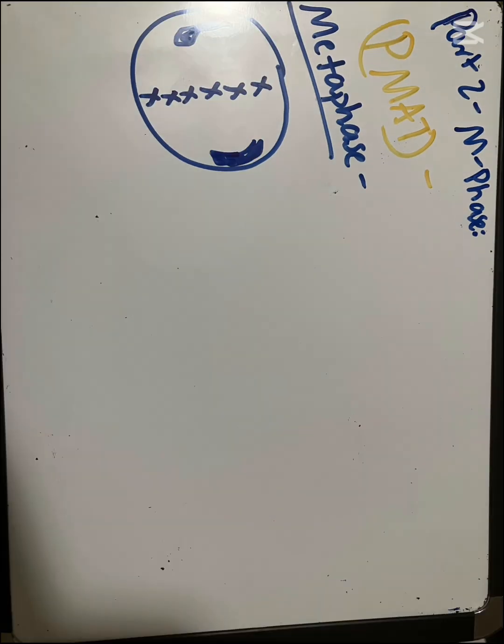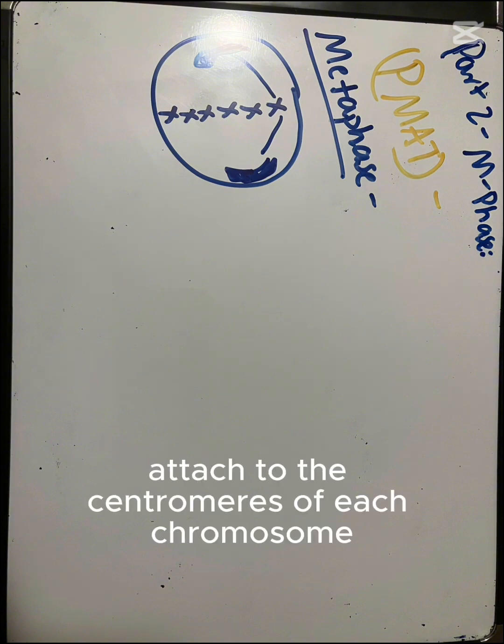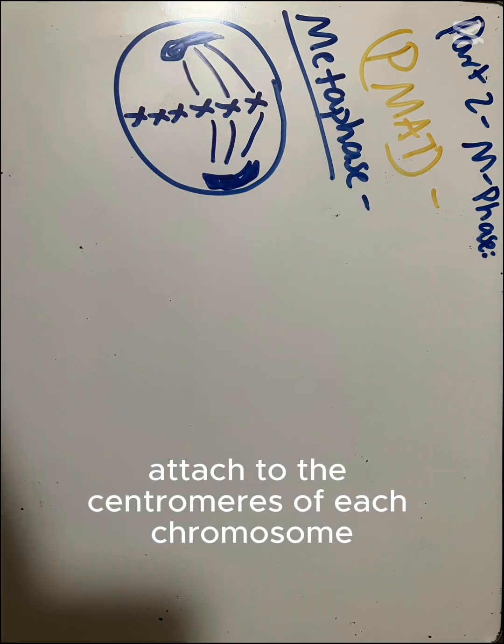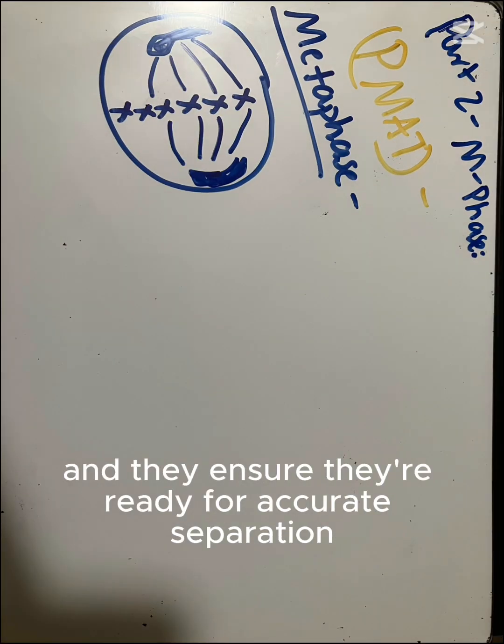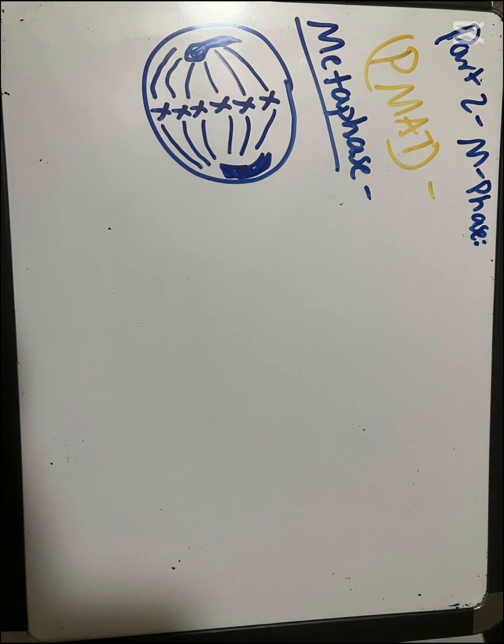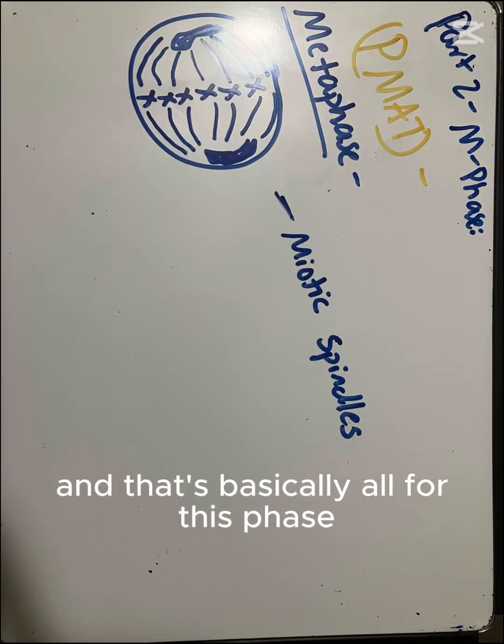Spindle fibers attach to the centromeres of each chromosome, and they ensure the chromosomes are ready for accurate separation. And that's basically all for this phase.